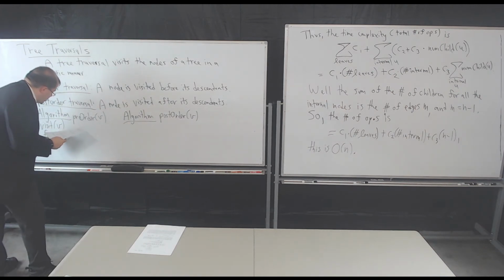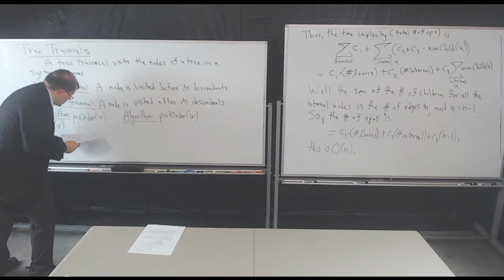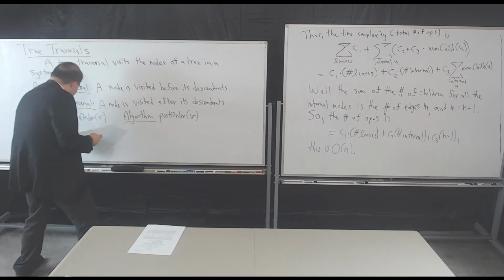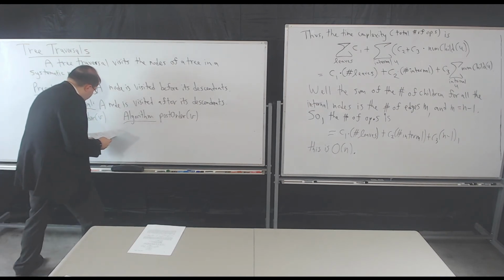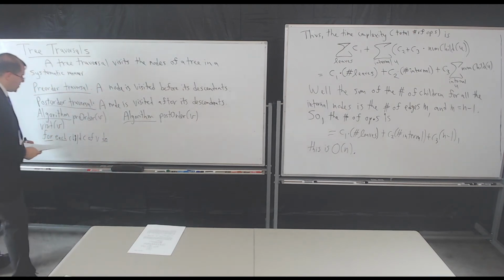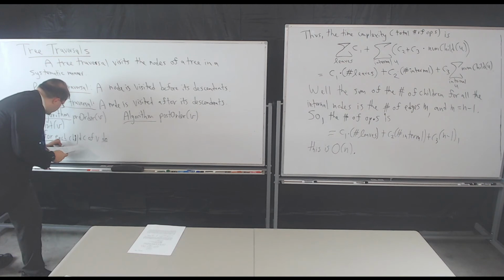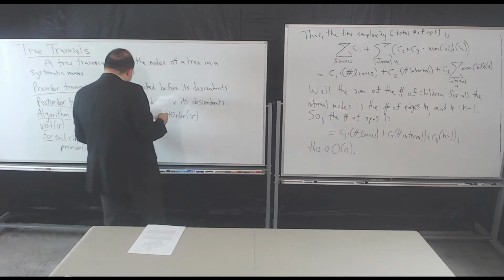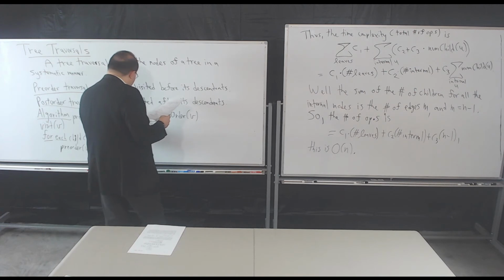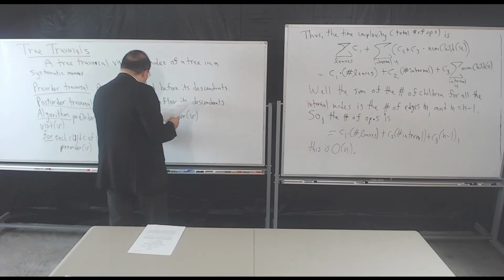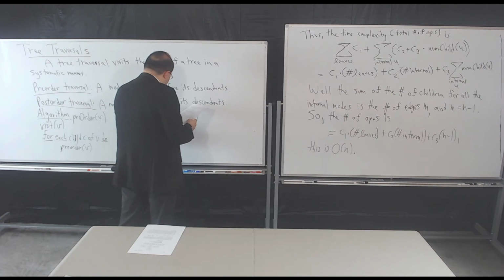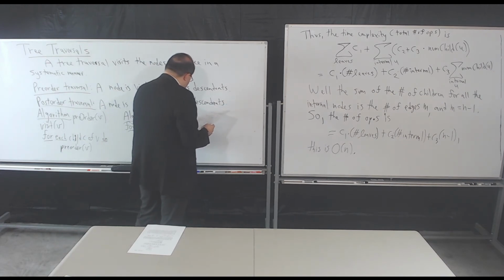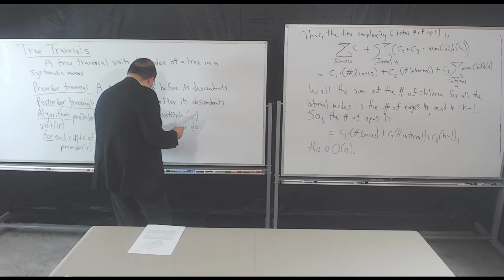Then what you do is for each child C of V, do the following. For each one of the children, you're going to apply pre-order. You might actually guess what's going to happen here. I'm just going to write the loop first: for each child C of V, do, and you'll do post-order.